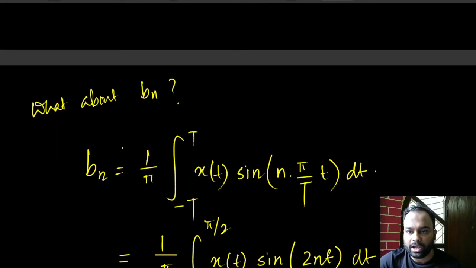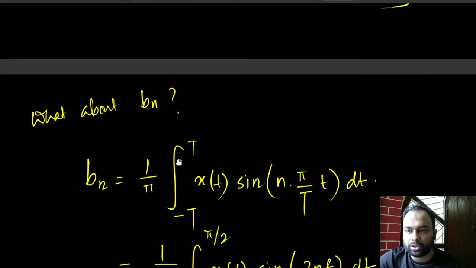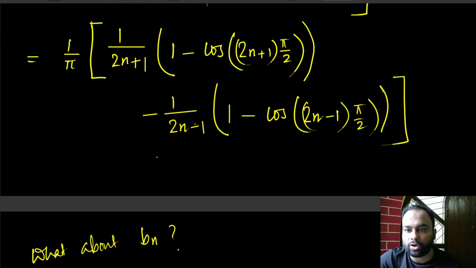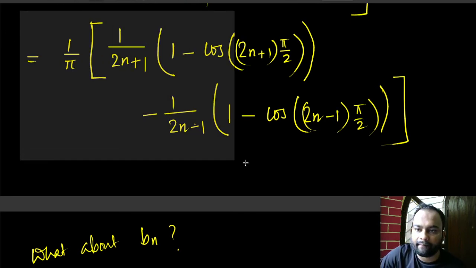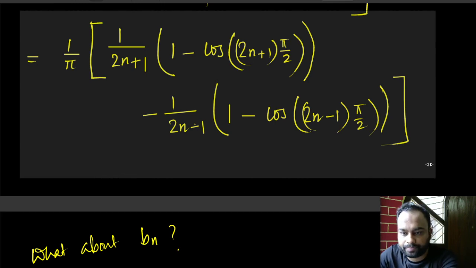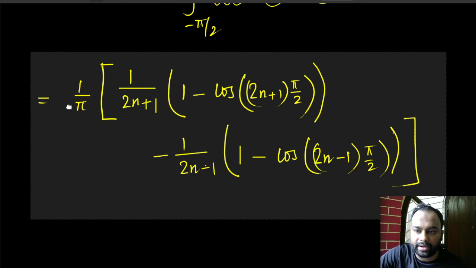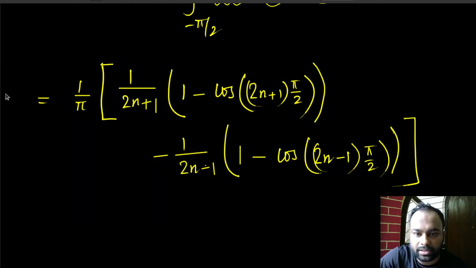Only the even components are there, so let me copy paste everything here. This is the even component, an, right?